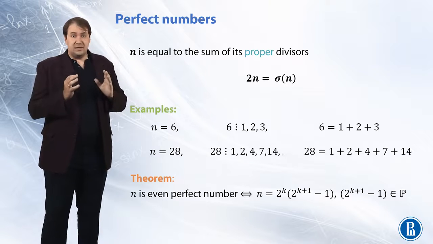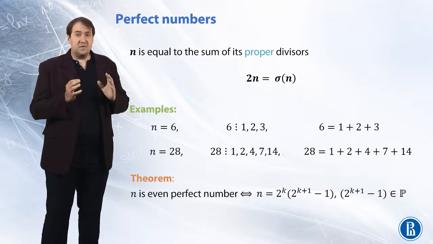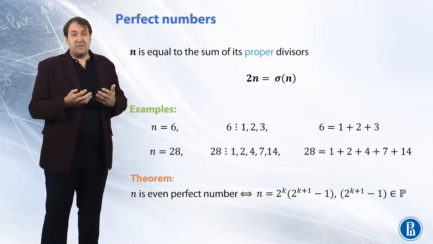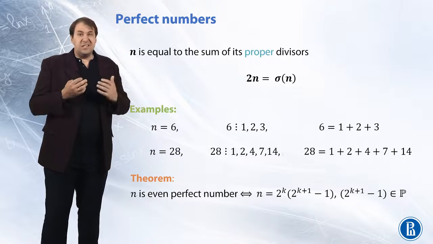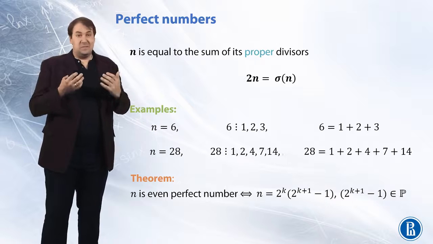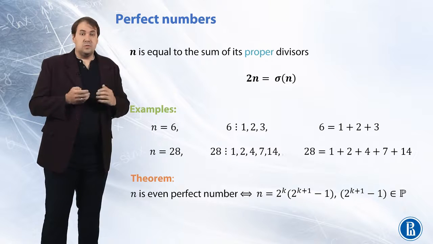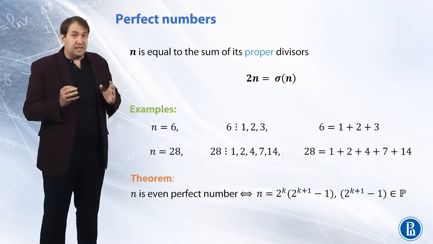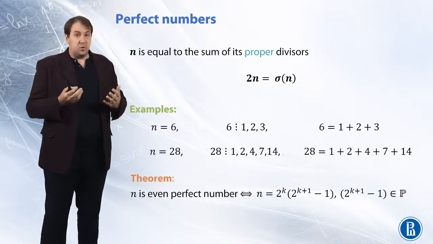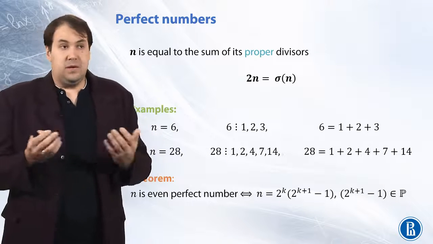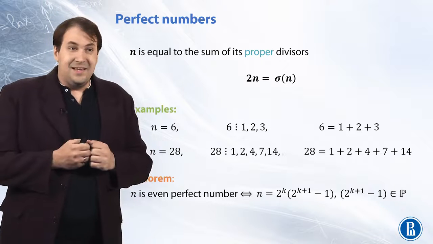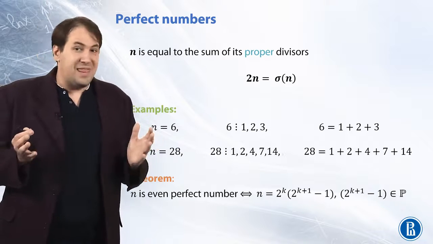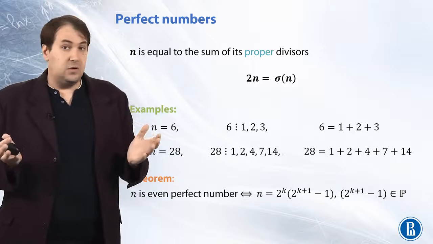Let me explain. We have two factors. The first factor is a power of 2, and the second factor is a prime number, which actually has a specific form. So this theorem states that all even perfect numbers are given by this formula. Well, you might ask, what about odd perfect numbers? This is an interesting question because we don't know whether odd perfect numbers exist or not.